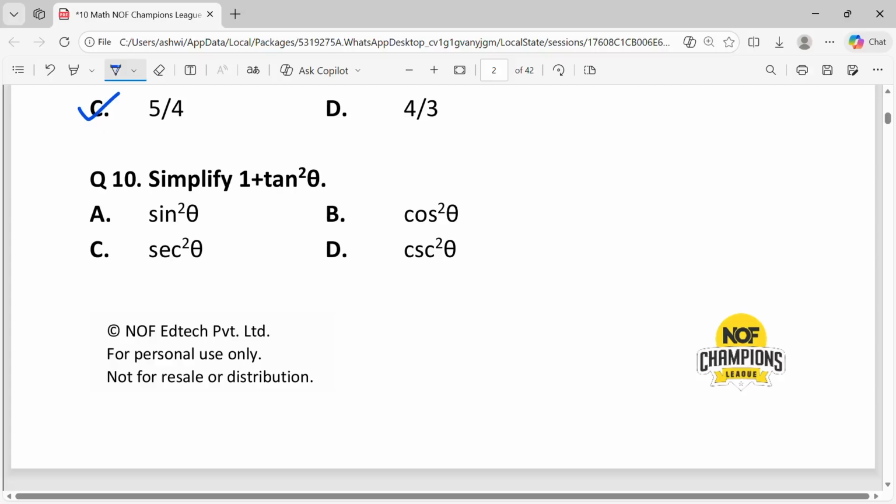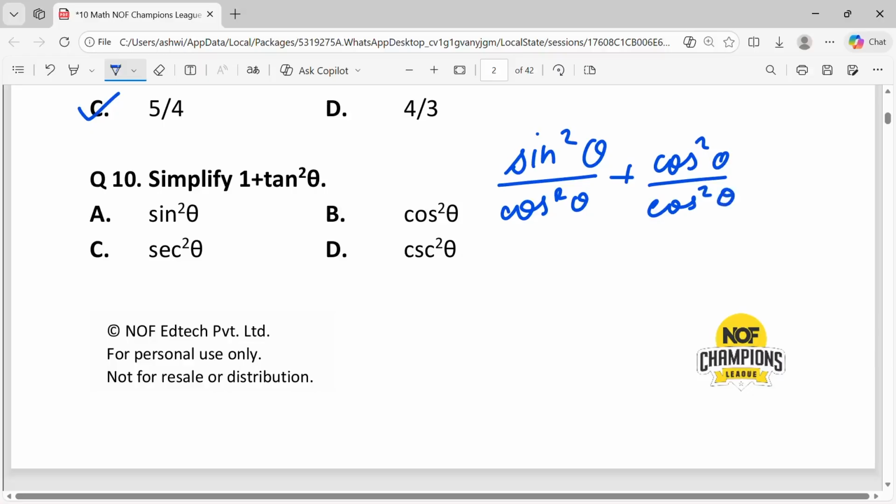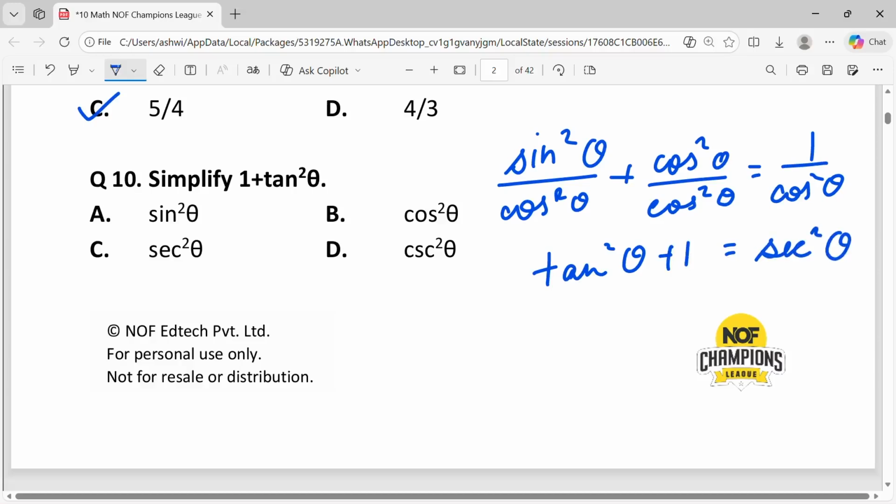Dividing all terms by cos square theta gives another identity, that is sin square theta upon cos square theta plus cos square theta upon cos square theta is equal to 1 upon cos square theta, that is tan square theta plus 1 is equal to sec square theta, that is option C.